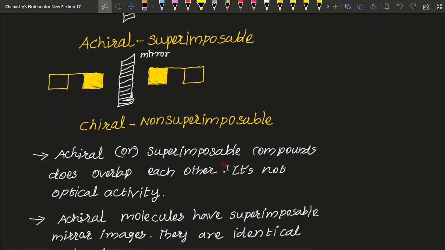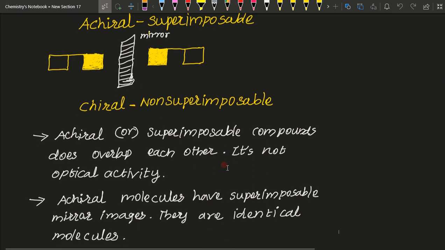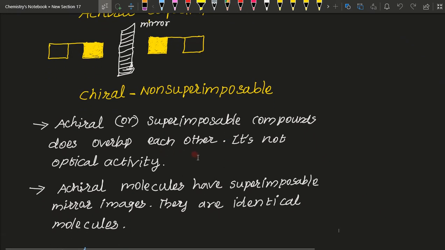An achiral or superimposable compound does overlap its mirror image. It does not have optical activity. Optical activity means the compound gives different optical images.